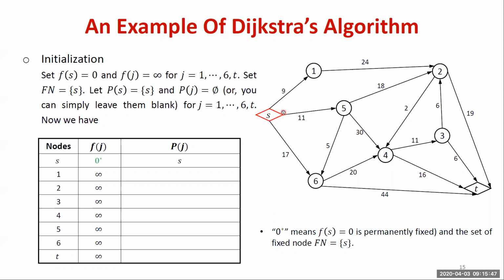Of course, it's 0. And then we temporarily set Fj equal to infinity. This J is for any other node, meaning any node except node S itself, so J is 1, 2, 3, 4, 5, 6, and T. Okay, and then we put S into Fn.